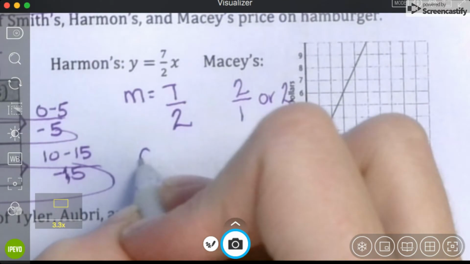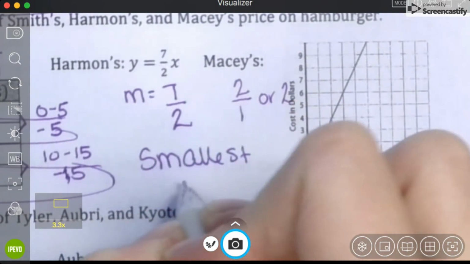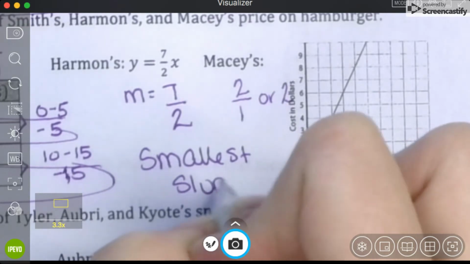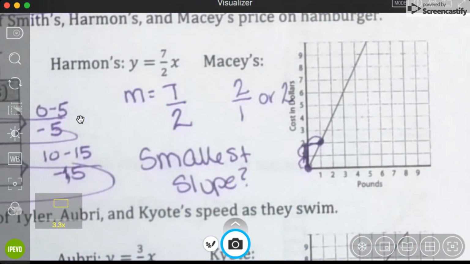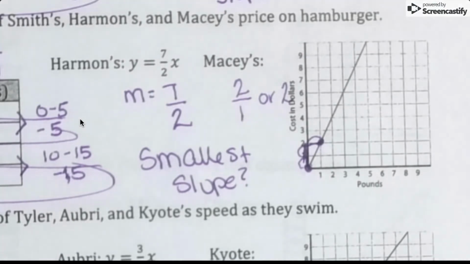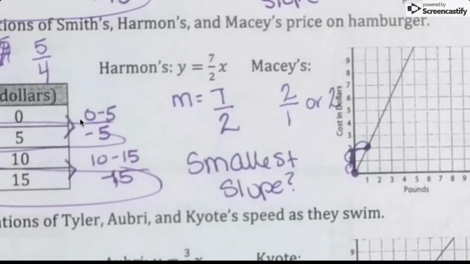Which one is the smallest slope? Would it be 7 over 2, 2, or 5 over 4?